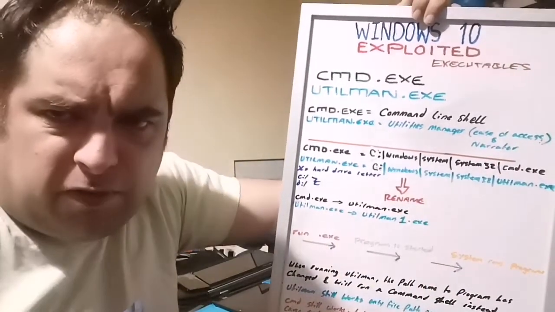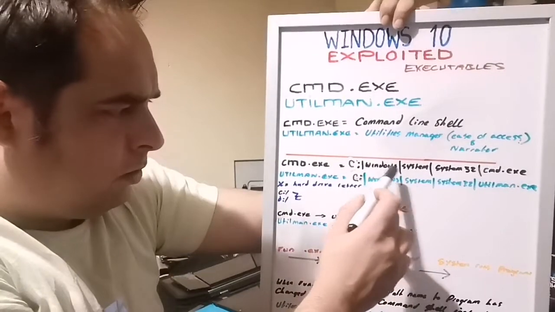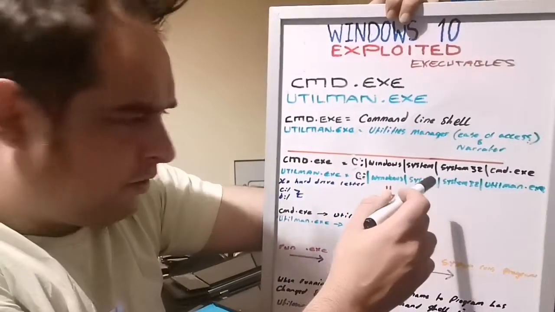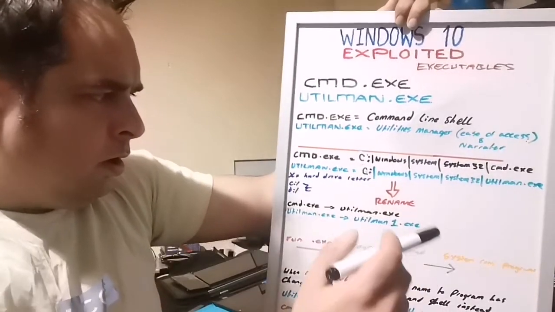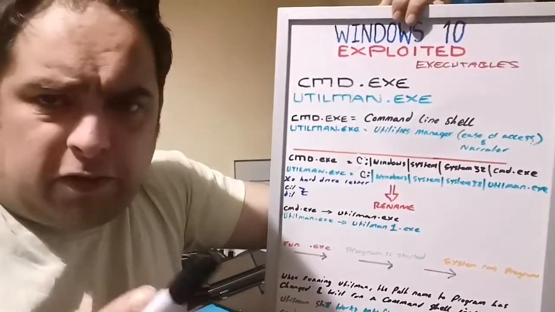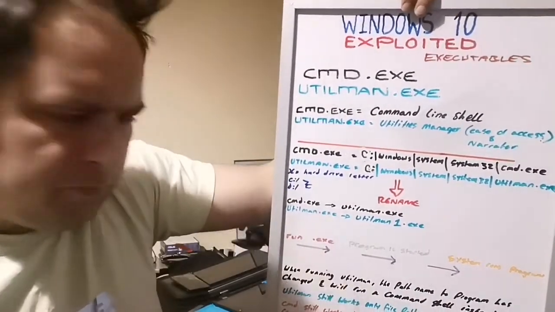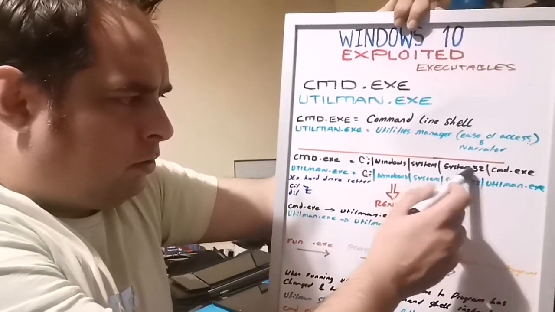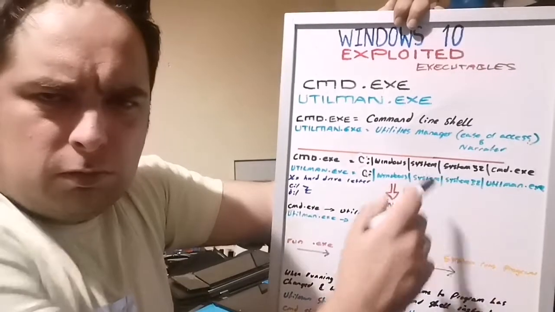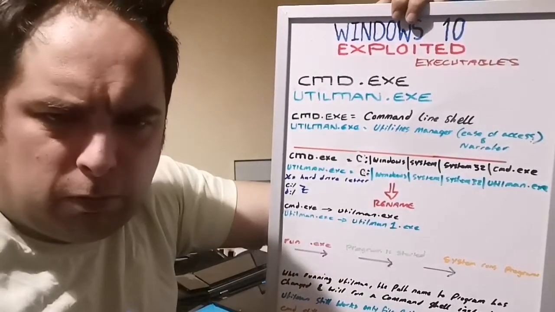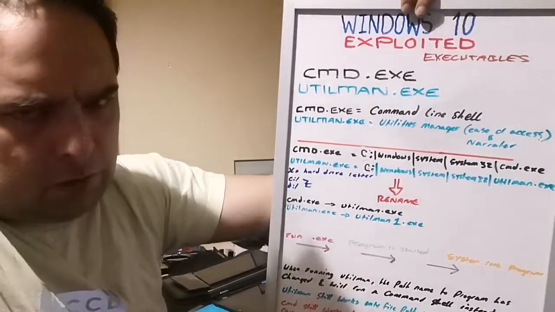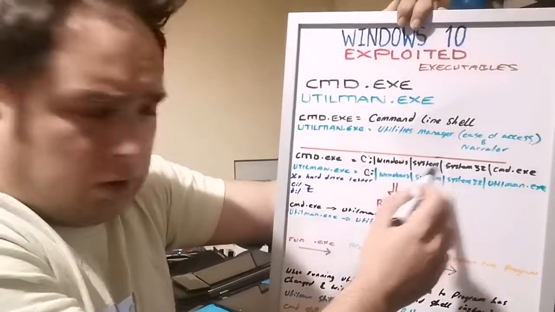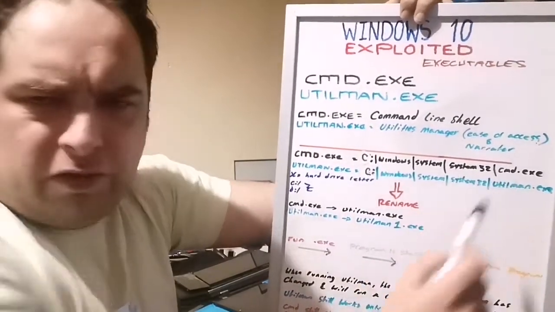It's in system files, so it's C colon backslash Windows backslash system. Then you're looking for system 32. That's where most of your main system commands will be, and a lot of the stuff that is executable and runnable within the Windows system is within system 32.